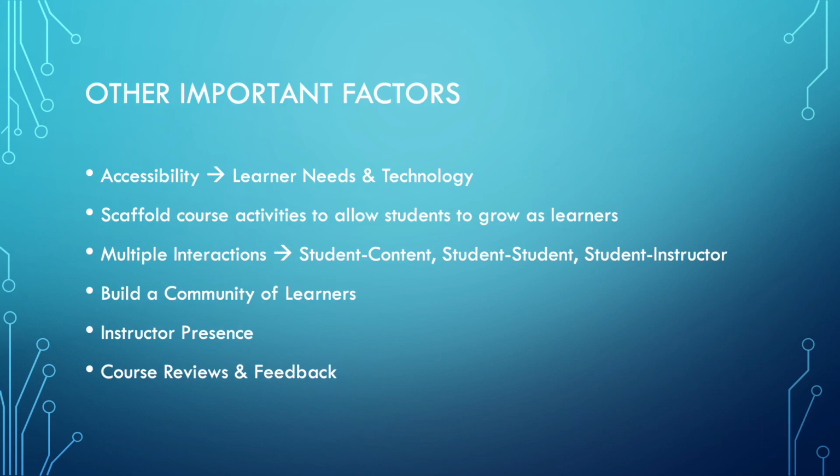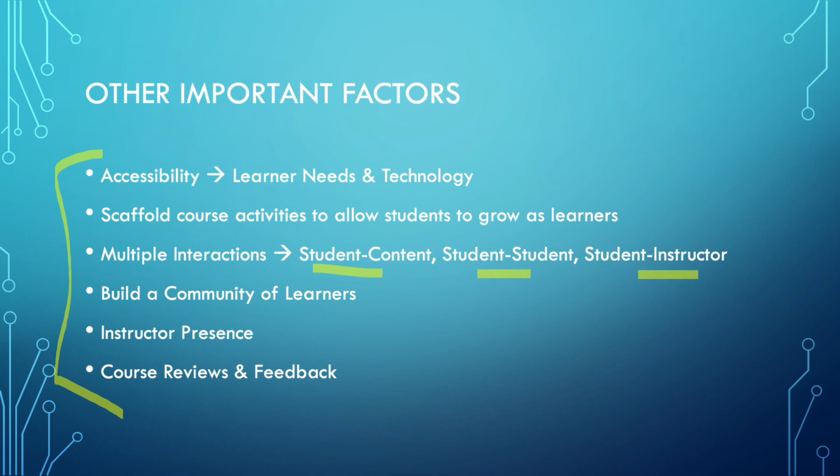Okay, so I just went through 5 very important factors. There are many other important things related to online course development and online lab development. This includes accessibility, how we scaffold other course activities into the assignments, the types of interactions our students have. There are 3 major types that all students need to have within a course.